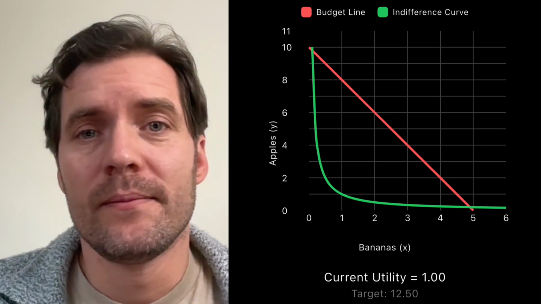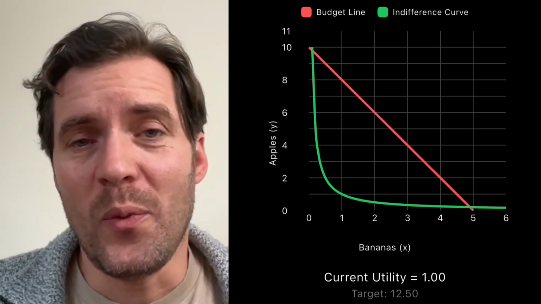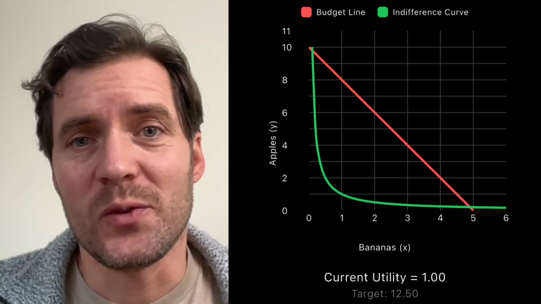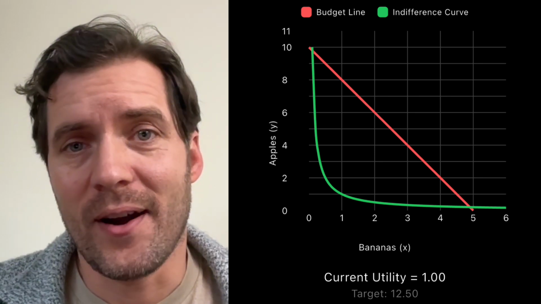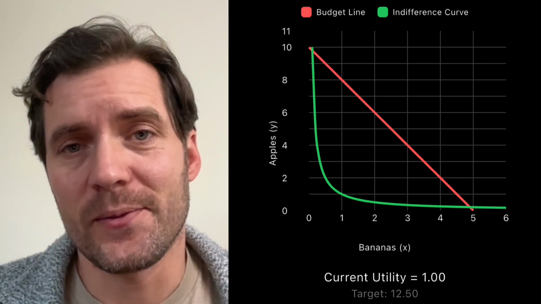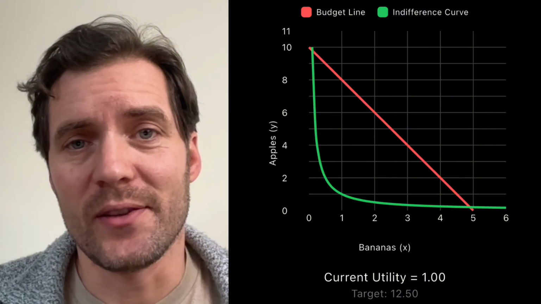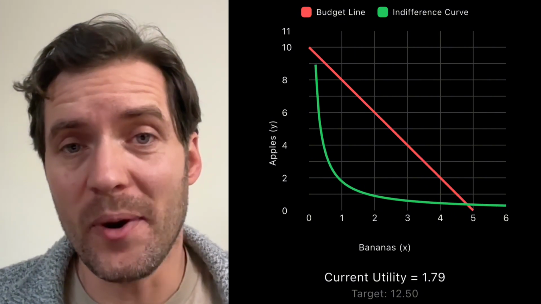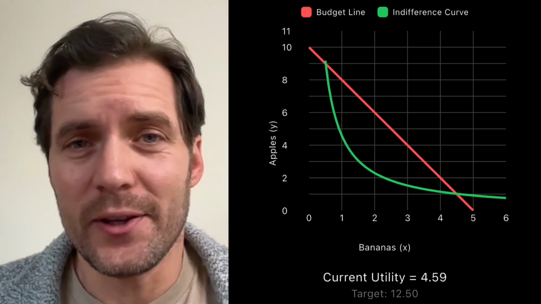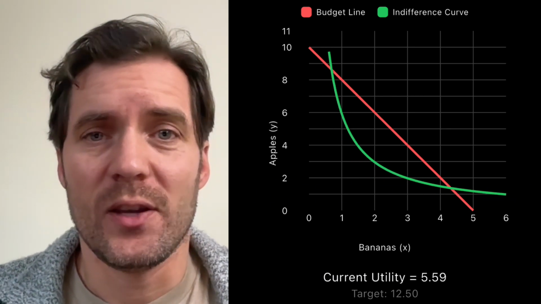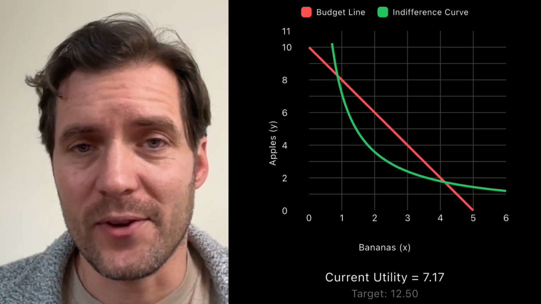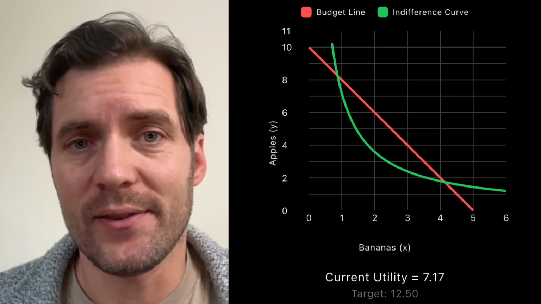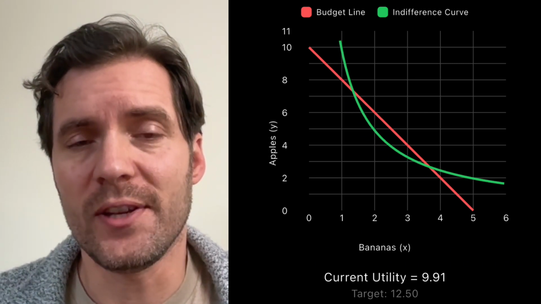All right. And finally, what we do for consumer choice is we take our preferences, our utility curves, our indifference curves, and what we want to do is find the highest level of utility that we can afford, which is within our budget. So if you look at the graph here, you can see what we're doing is we're pulling up our indifference curves, and each higher level of indifference curve is a higher level of utility.